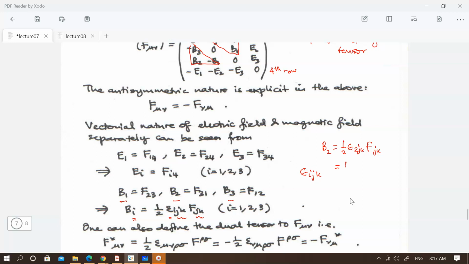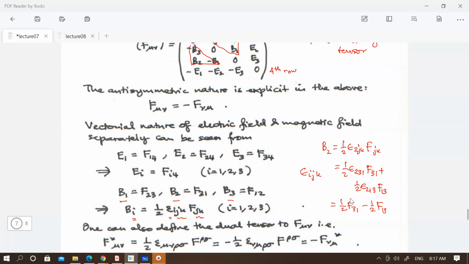So let's write those. Epsilon 231 F31 plus half epsilon 213 F13. And if we check, epsilon 231 is just 1, so that gives you half F31, and epsilon 213 is supposed to be minus, so that gives you minus half F13.